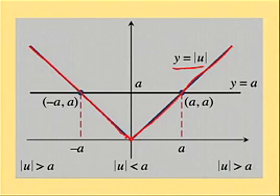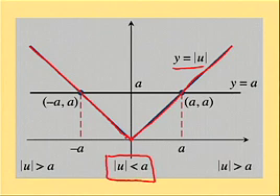Let's take the first example that we looked at, which was the absolute value of U has to be less than A. What that means, of course, is that the y value has to be less than A. Well, here's A, and here's the line y equals A right along here. In fact, let me highlight that.